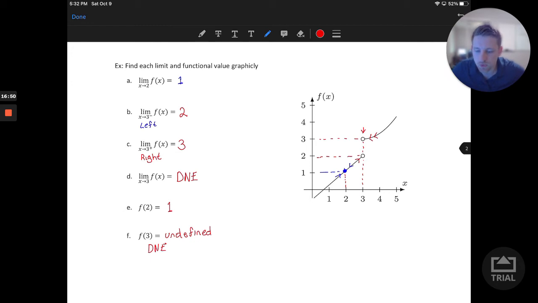If you're doing this through our homework system, you'll want to use this phrasing of does not exist for that f of 3 in that case. So our function is undefined at 3, so therefore this functional value does not exist.